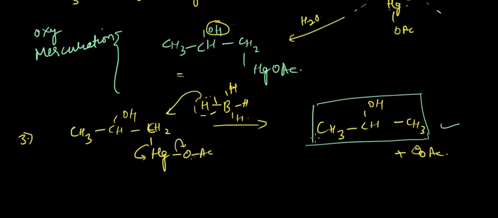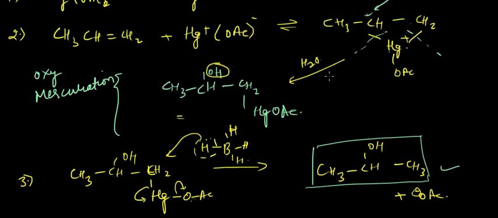Okay, so just a point that if water is replaced by alcohol, then ether will form, and the reaction is called alkoxymercuration and demercuration. Because if in the oxymercuration step we take ROH instead of water, then OR will get attached in this place, and as a result ether will be formed.